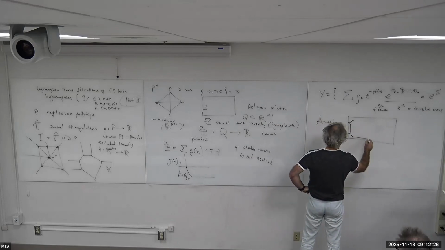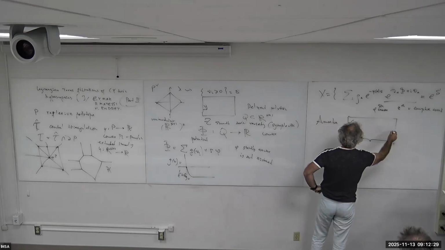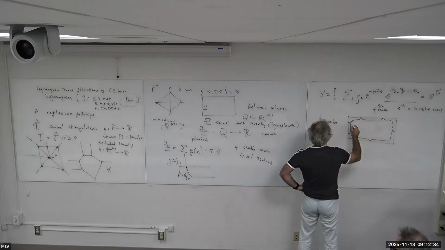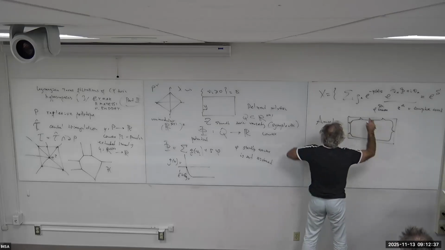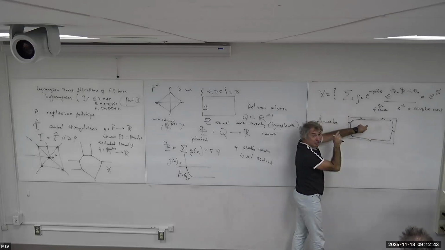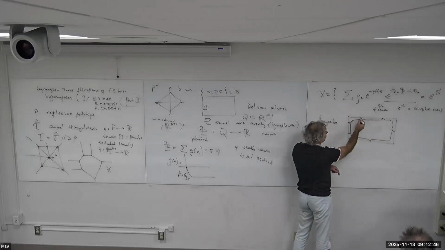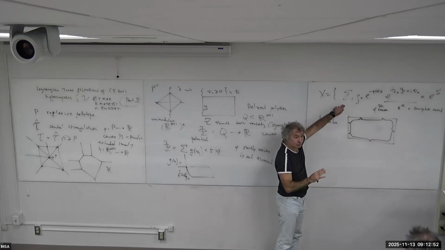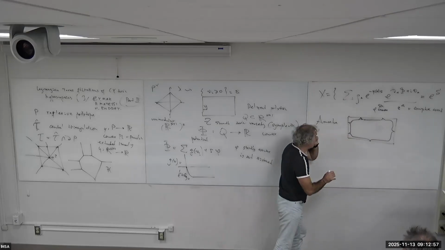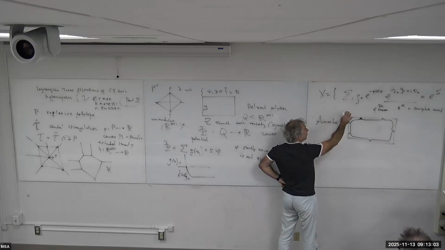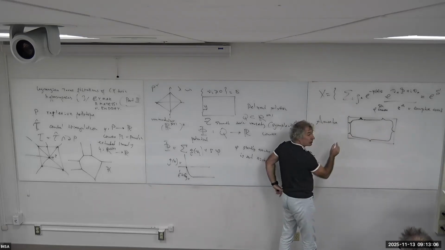Then you have one touch here, then one touch here, then a couple of touches there. So the amoeba is going to look like that. This parameter rho tells you that you're not thick here. You are like a line here. There's no thickness here. All the thickness goes near those points. But I'm saying that if you look at the image under the moment map of this hypersurface, it's going to look like that.